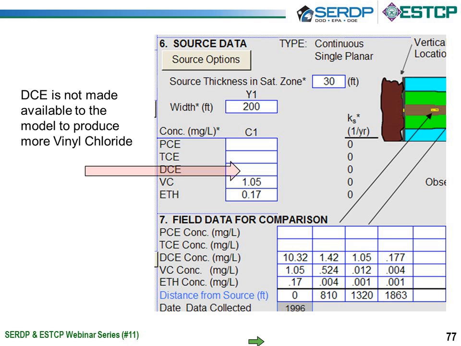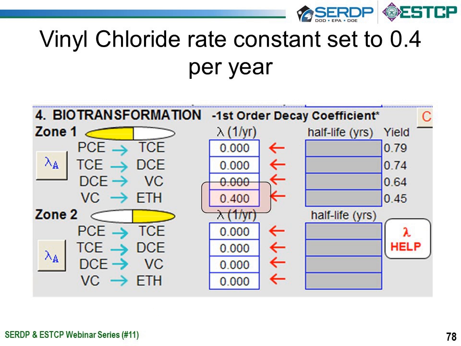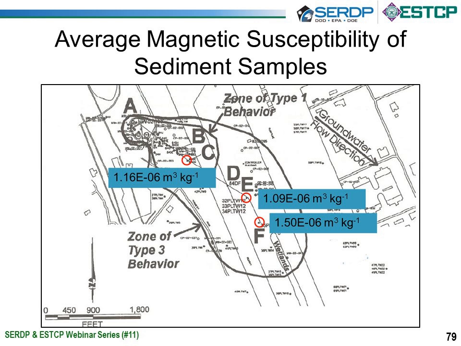Otherwise, you'll get a spurious production of vinyl chloride from DCE degradation. So when we do that, we get a rate constant for vinyl chloride removal of 0.4 per year. And I've spared you all the model iteration studies. So we have two rate constants now, one for DCE, one for vinyl chloride.